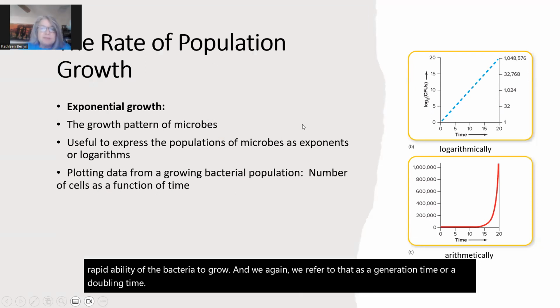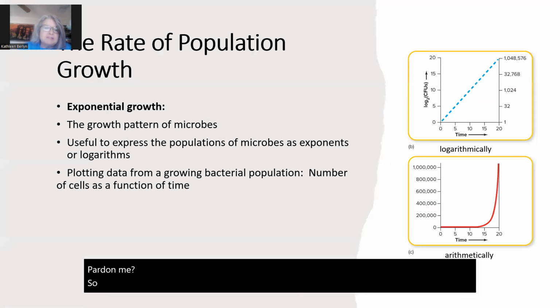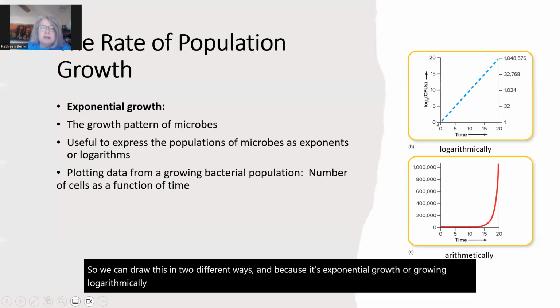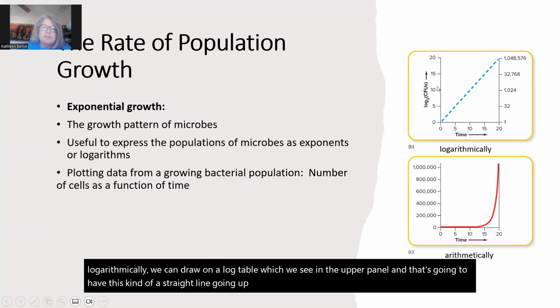Pardon me. So we can draw this in two different ways. Because it's exponential growth, or growing logarithmically, we can draw it on a log table, which we see in the upper panel, and that's going to have a kind of a straight line going up. But if you look at the axes here, this is logarithmic growth.